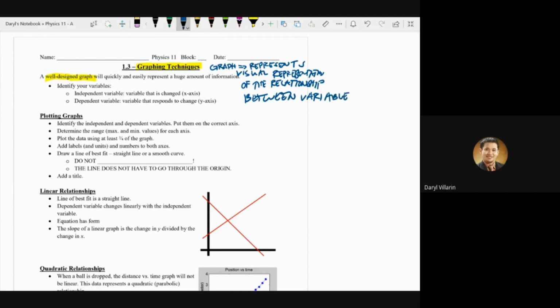Visually, you can see the relationship of two quantities by using the graph. That's why you can analyze it much more clearly, compared with just having a table.